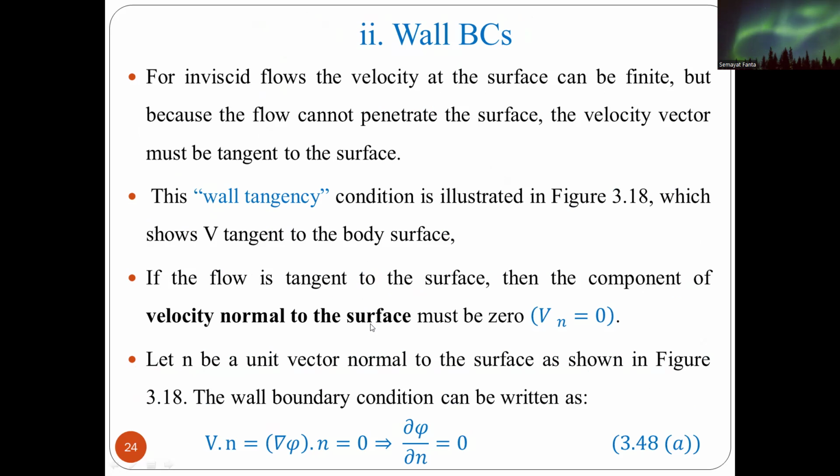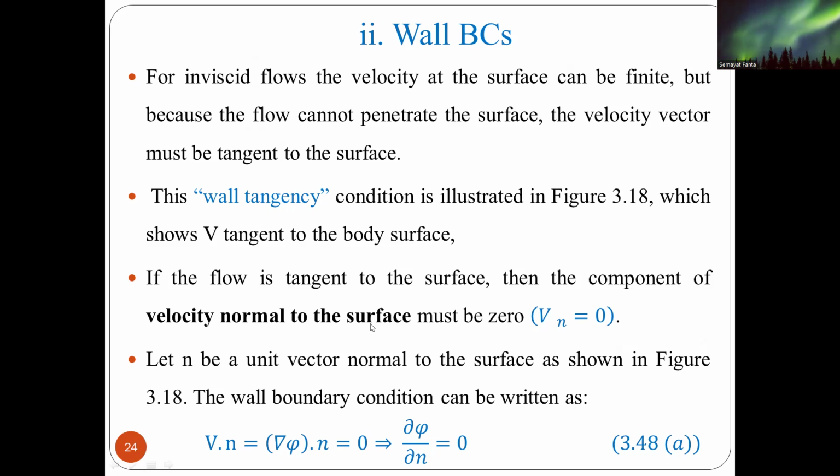The second is the wall boundary condition, on the surface of the object. For inviscid flows, the velocity at the surface can be finite, but because the flow cannot penetrate the surface, the velocity vector must be tangent to the surface. This wall tangency condition is illustrated in the figure.